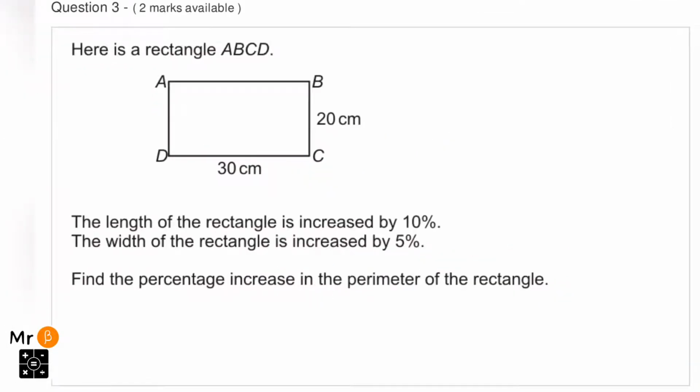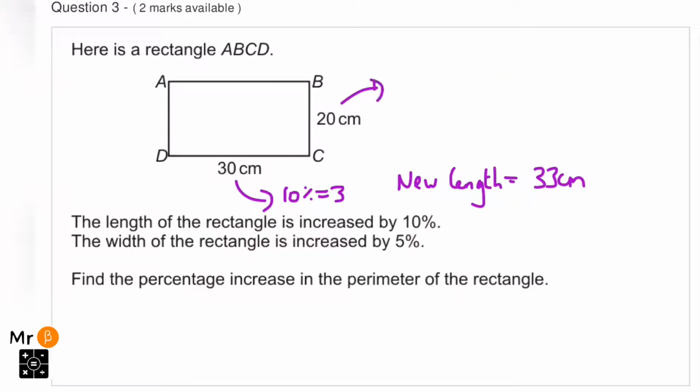Our next question, it's told us that the length has increased by 10%. So our length of 30 has increased by 10%. So if we work out what 10% of 30 is, we get 3. So therefore our new length must equal 33 centimetres.